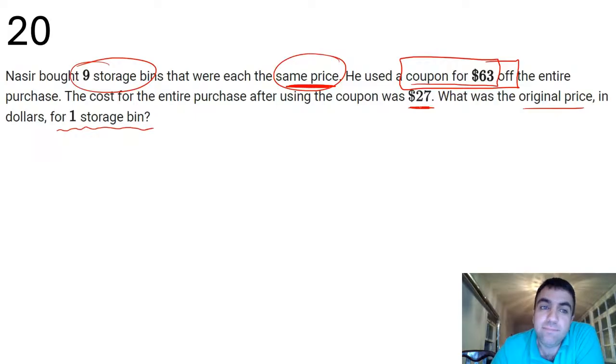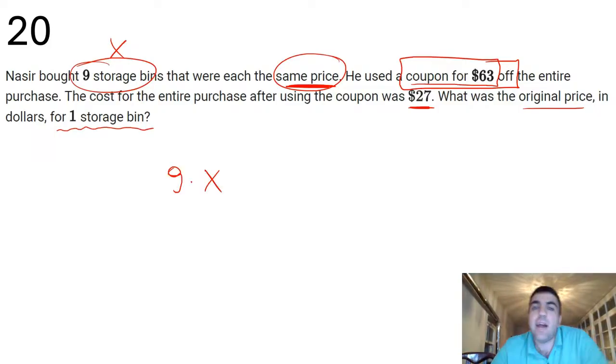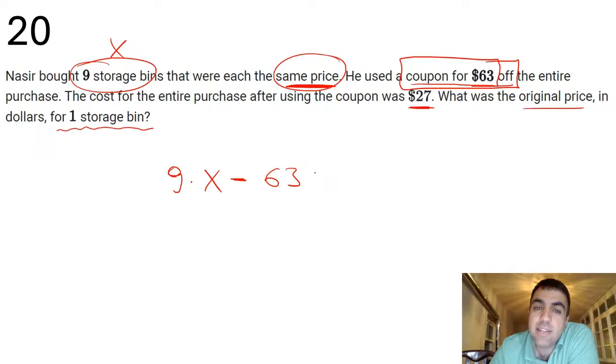Let's say one storage bin is X dollars, right? It should be 9 times X dollars. And he has a coupon for 63 off. We should subtract 63 and it should be equal to 27, right?